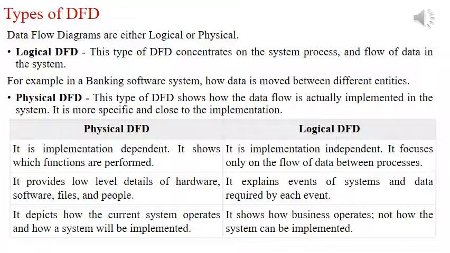Means logical DFD is more concerned to the business, like in what flow the data is managed and not about the physical implementation of the system. So these are the differences between physical DFDs and logical DFDs. Everyone should have a clear understanding about physical and logical DFDs if they want to design anything using data flow diagram.